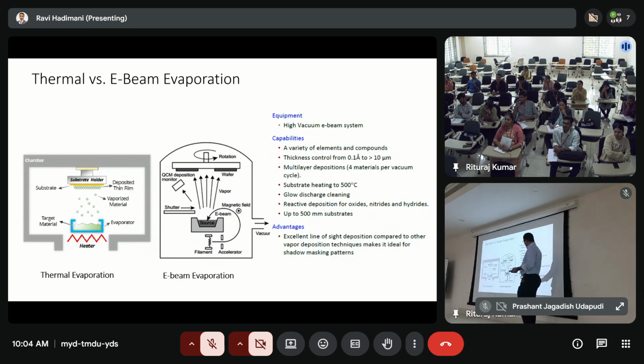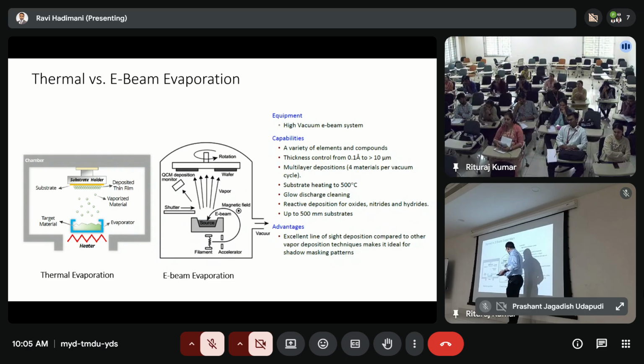Okay, so the electrons come and hit the source, and you can use a shutter when you want to stop deposition. You can use a door, basically a shutter, to stop the vapor coming up.